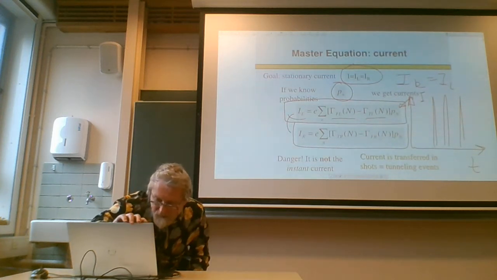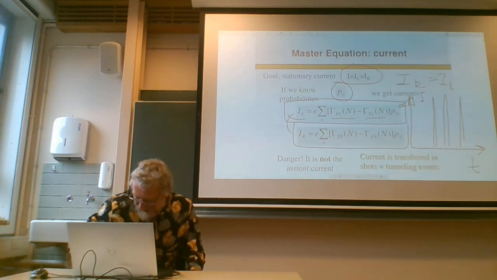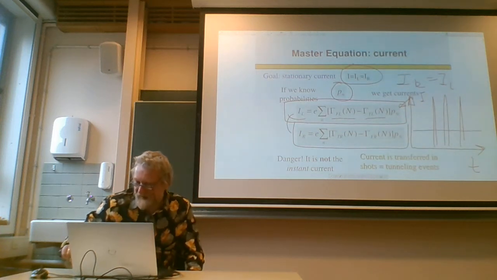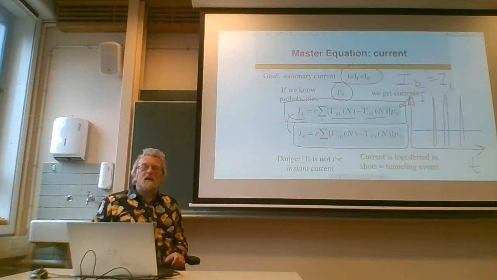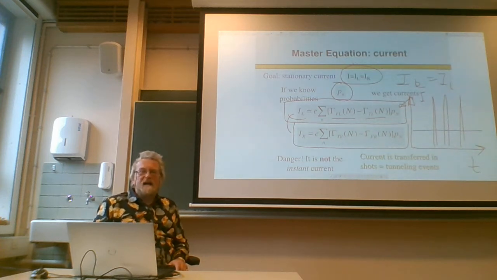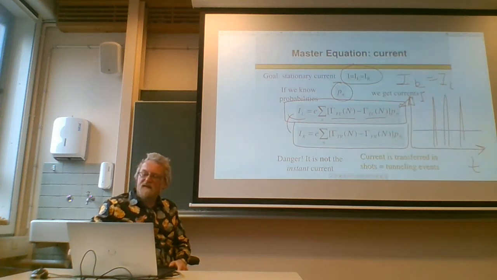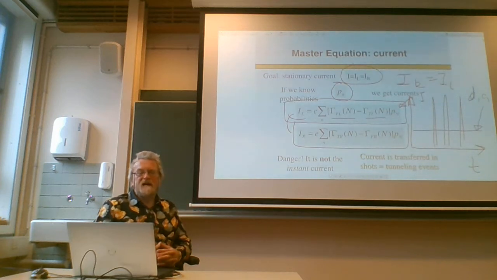And what we do, we look at the average of the spikes over sufficiently long time interval. In simple words, we look at the DC component of this current. Fine. Now we know how to evaluate current from the master equation.